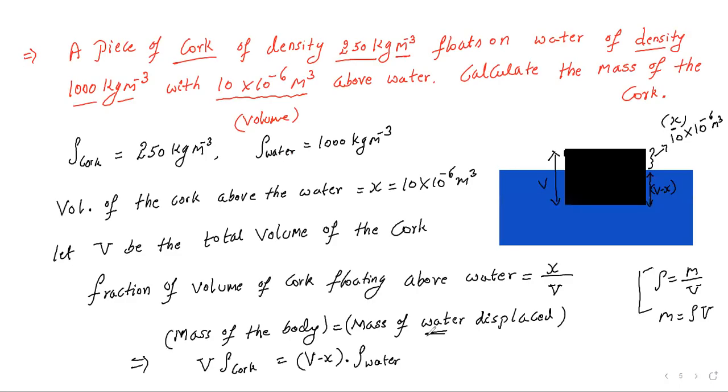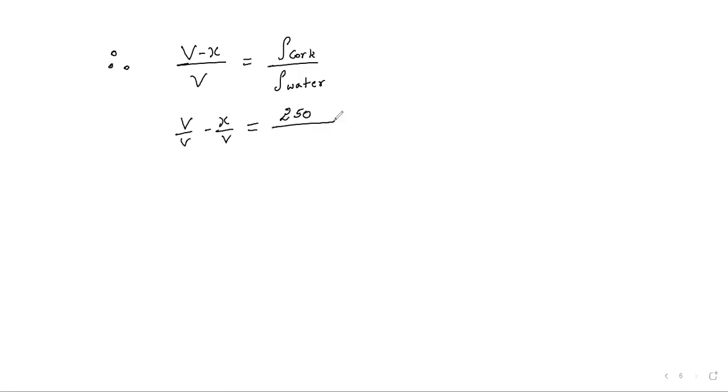Now, in the next step, I'm taking the density terms to one side and the volume terms to the other side. V minus X divided by V is equal to rho cork divided by rho water. Further on simplification, you can separate the denominator like this. The rho cork value is given as 250 kg per meter cube.